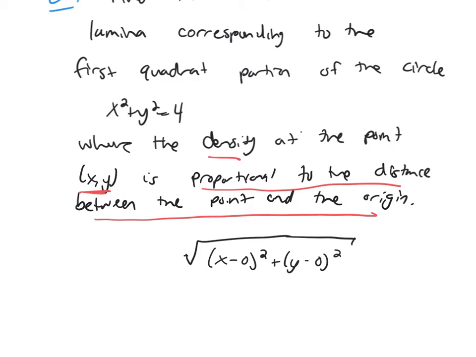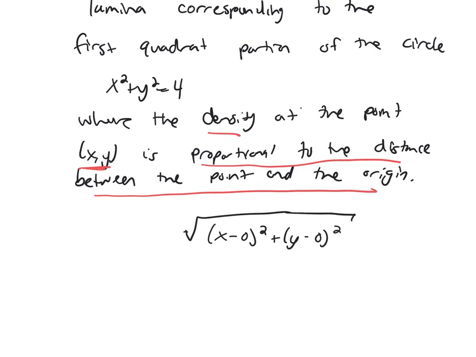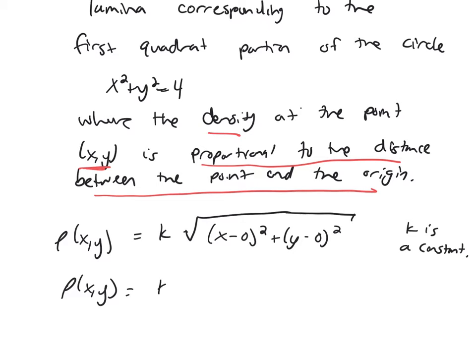And if it's proportional, that means the density is a constant multiple of this. So rho of xy equals k times that square root, where k is a constant. And so our density function is k times the square root of x squared plus y squared.